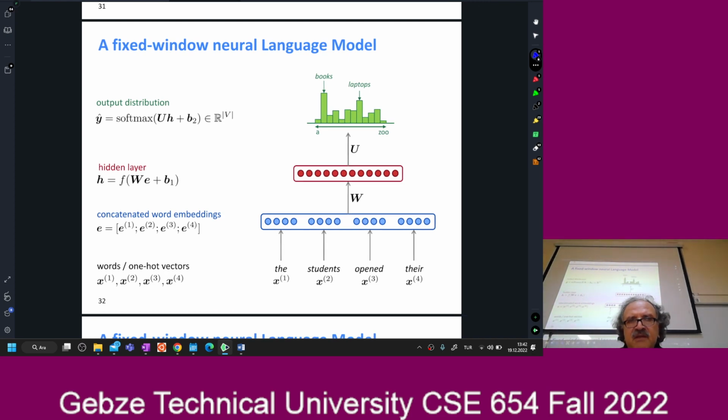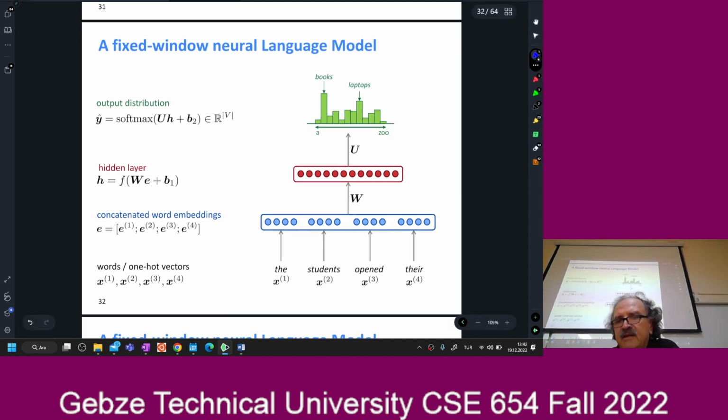This is what we did, right? So I input 1, 2, 3, 4 words, and I'm trying to guess the next word. Okay. So out of all the words in my dictionary, books and laptops will have a higher probability than the others. I have a softmax layer at the top.